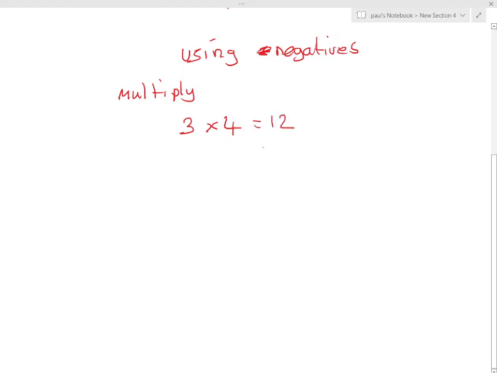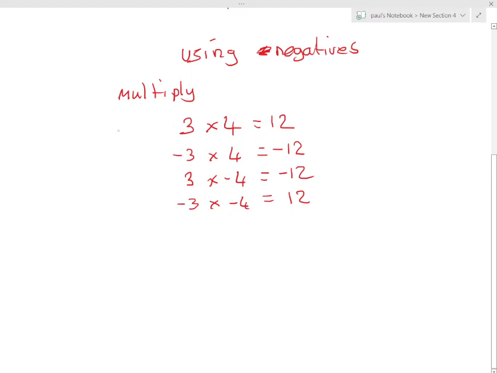That equals 12. If we had minus 3 times 4, then this is negative, this is positive. It still equals 12, but it comes out to a negative. If we have 3 times minus 4, it's going to come out as negative 12. And negative 3 times negative 4 will equal positive 12.